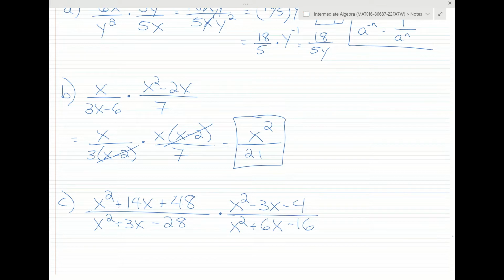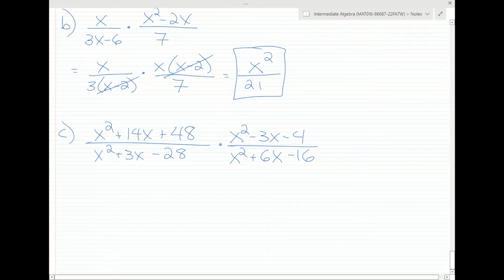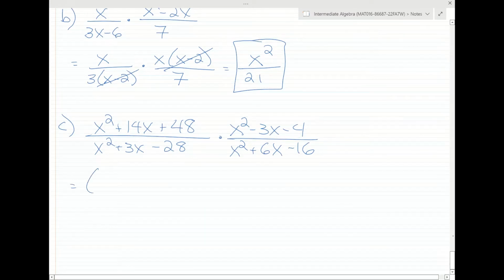Really, for this problem, it's just a big factoring problem. We have to factor 4 trinomials. We've been factoring trinomials for a long time, so I'll just show you what the factored form is, and then we'll talk about how it simplifies.